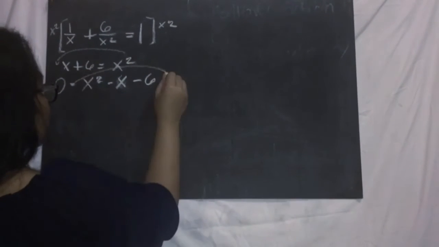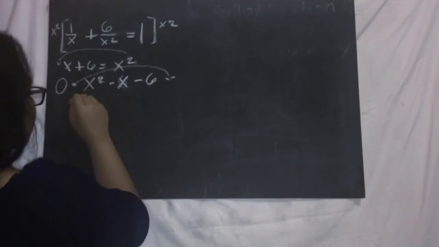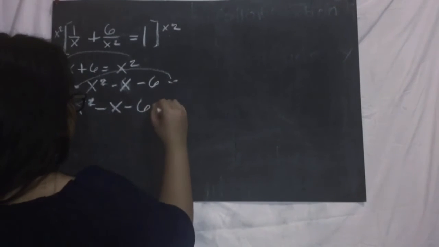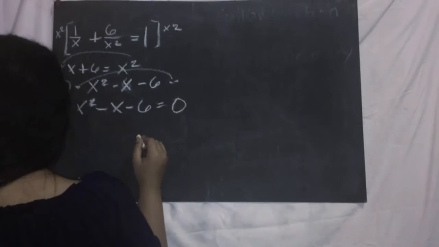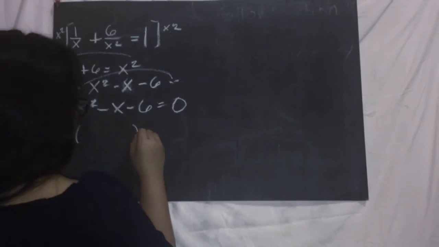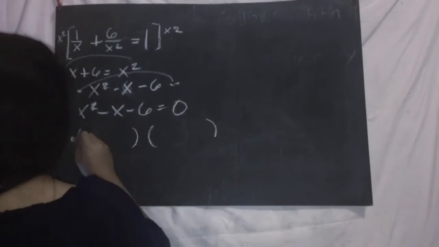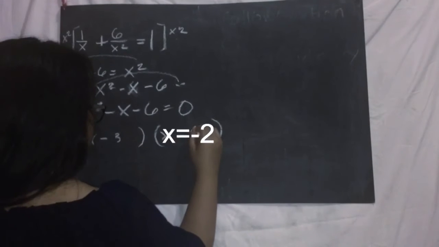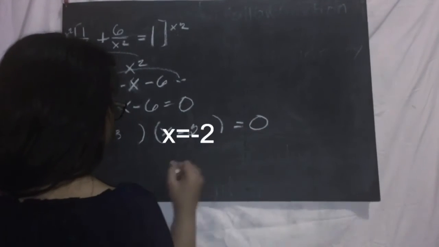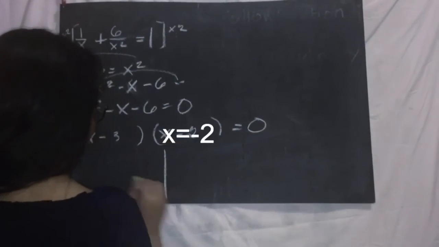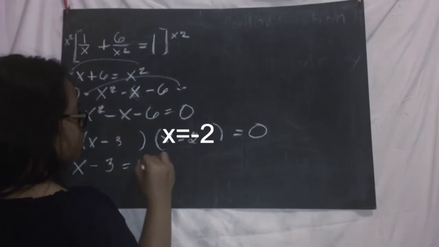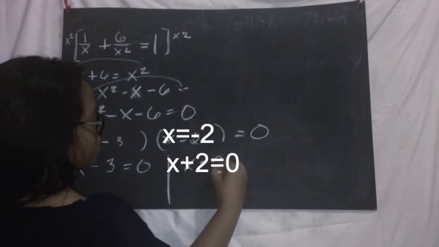Transpose 0 to the right side, so it becomes x squared minus x minus 6 equals 0. Then factor the polynomial, so it becomes x minus 3 and x plus 2 equals 0. We must separate these two factors and equate them both to 0. So x minus 3 equals 0 and x plus 2 equals 0.